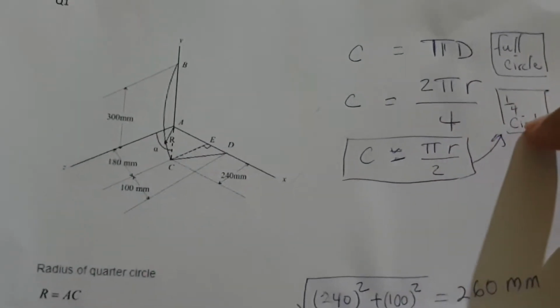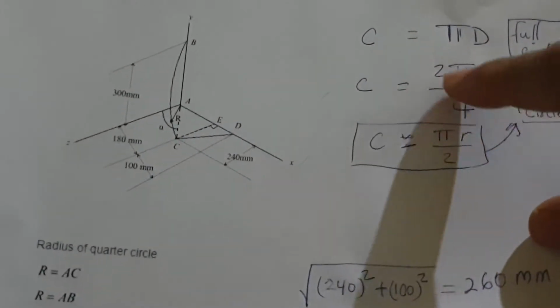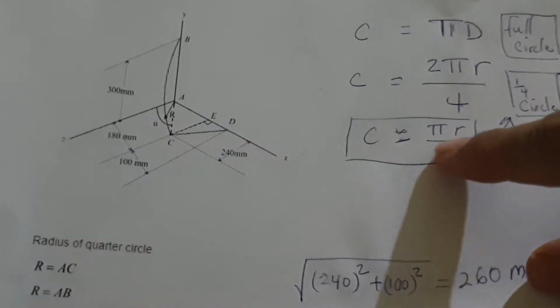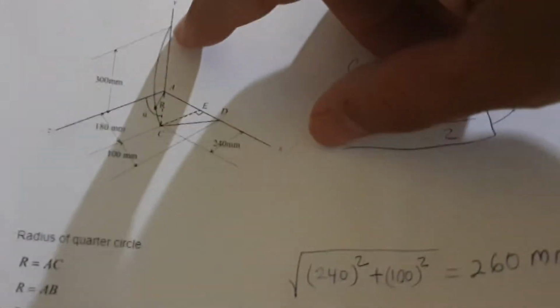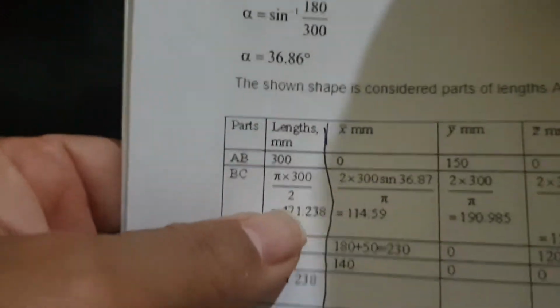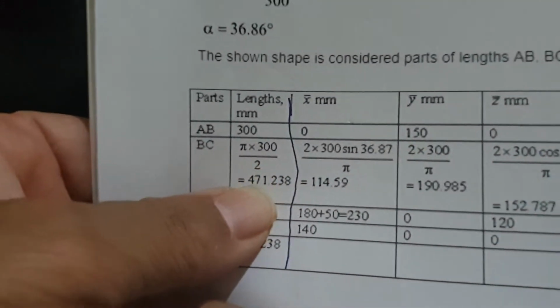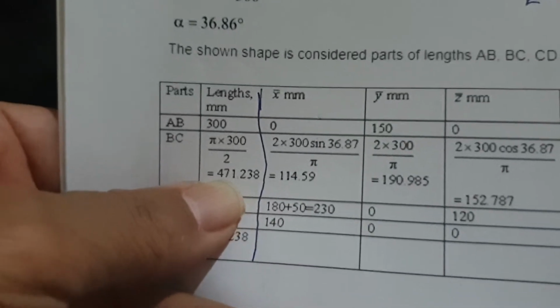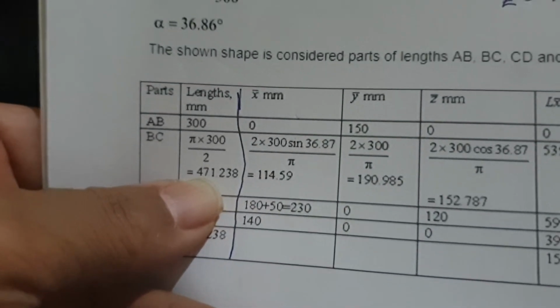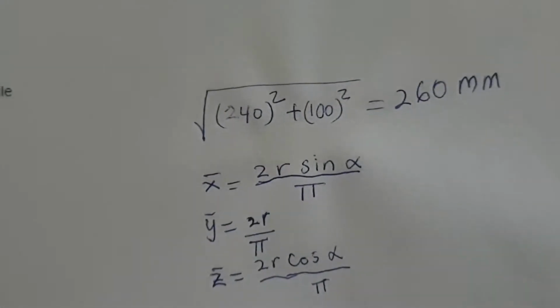And since it is a 1/4 of a circle, it's divided by 4. So 2 and 4, it's 2. So pi R over 2, this is the circumference. This is the length of BC. So the length is pi R over 2, 471.238.